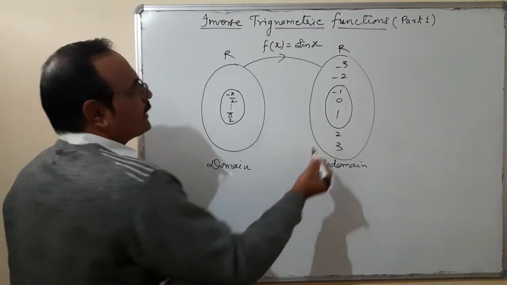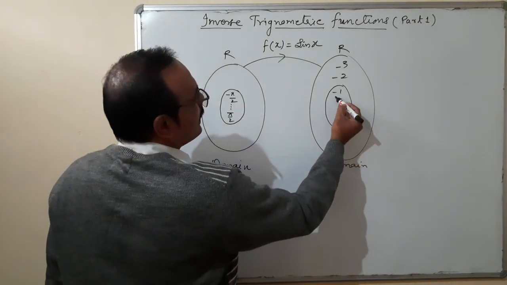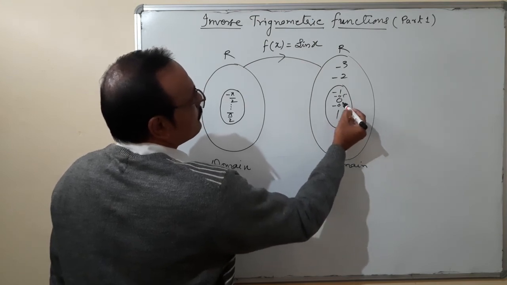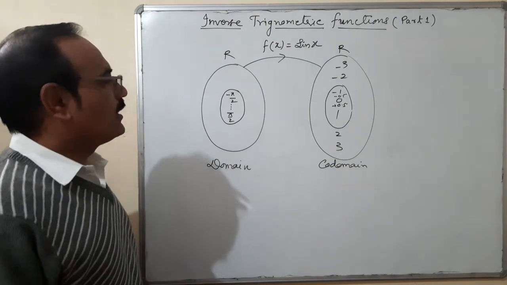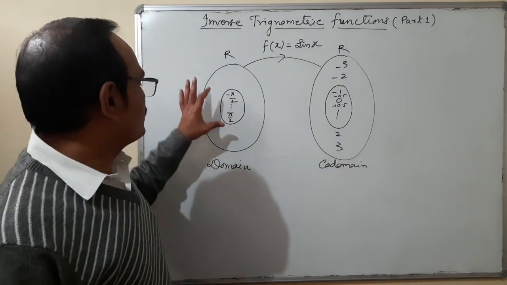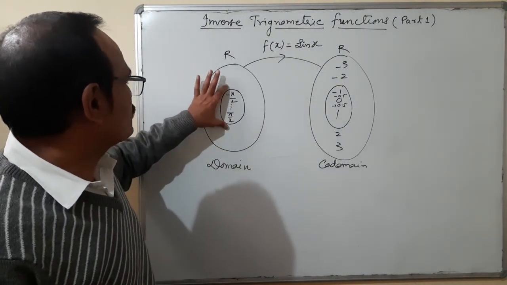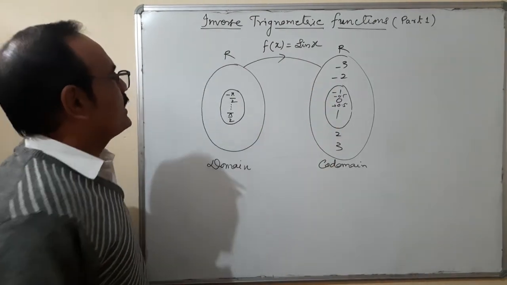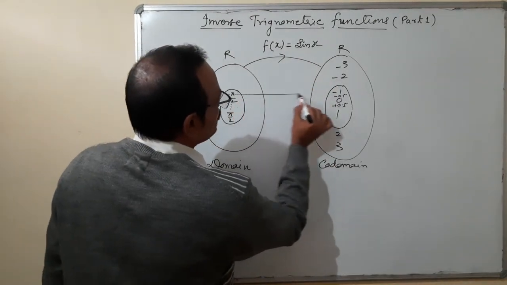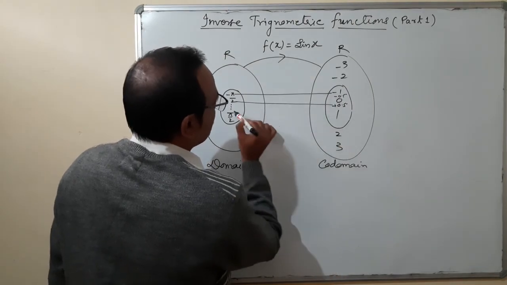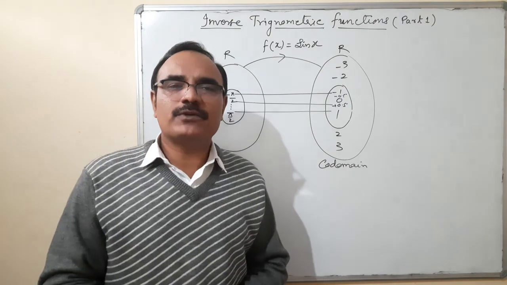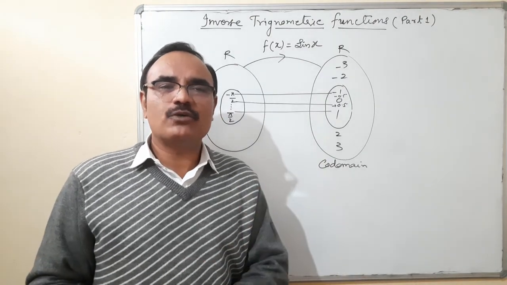And here we are taking -1, 0, 1, -0.5, +0.5 like that. When we study these two, one as the domain and the other as the codomain range, you can see that this function is one-one and onto, because the value of sine lies between -1 to +1.